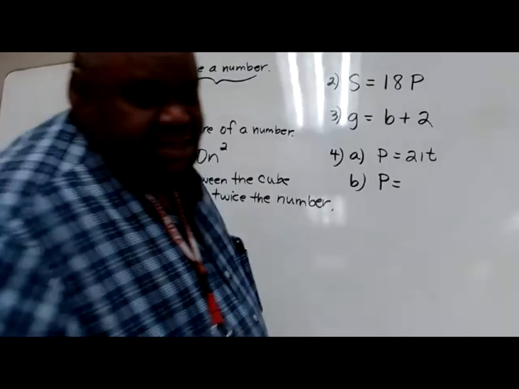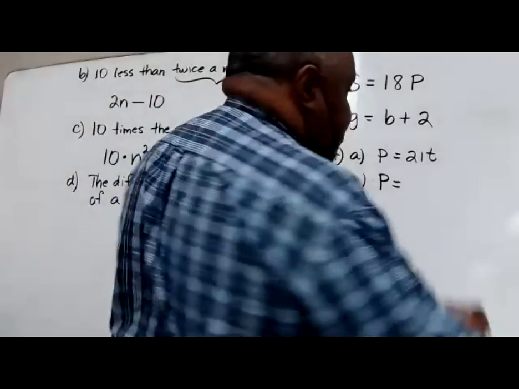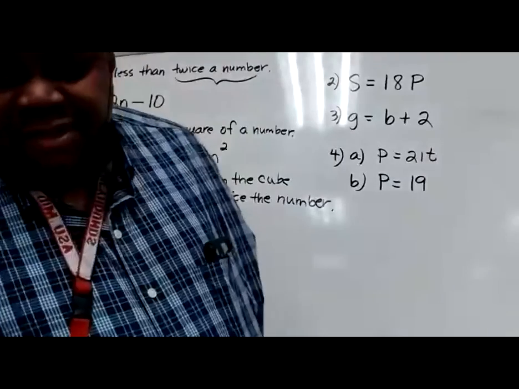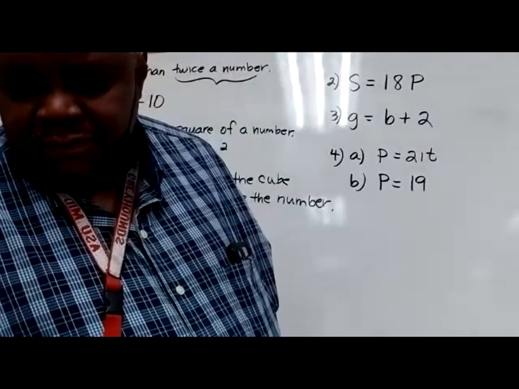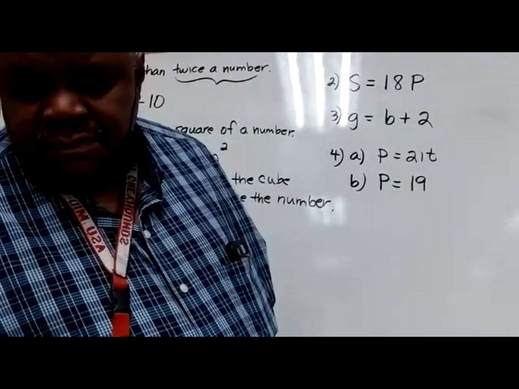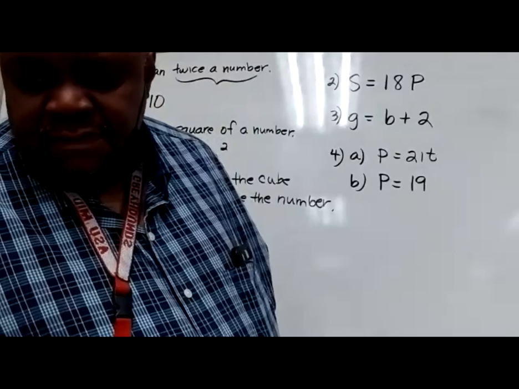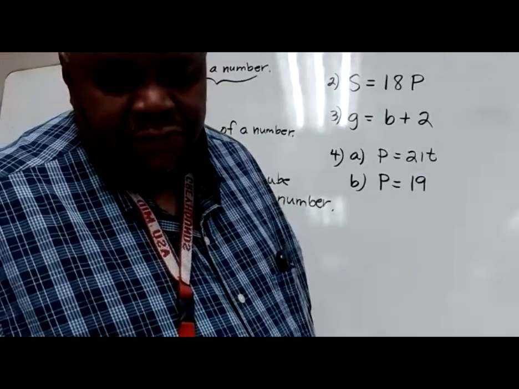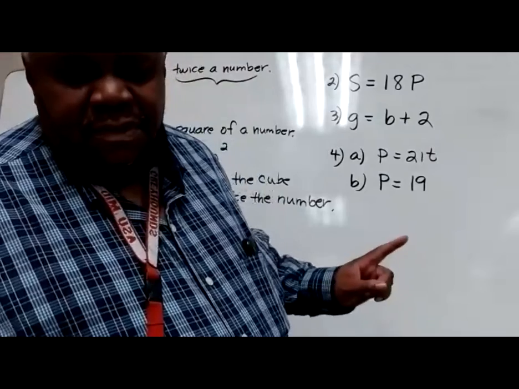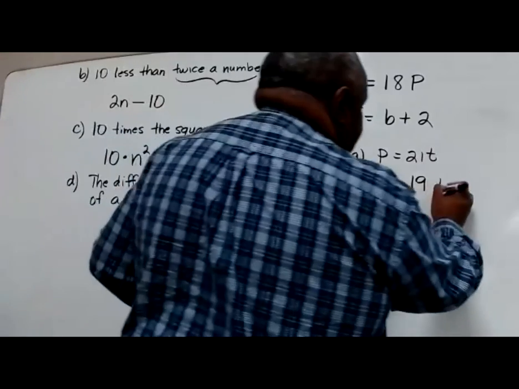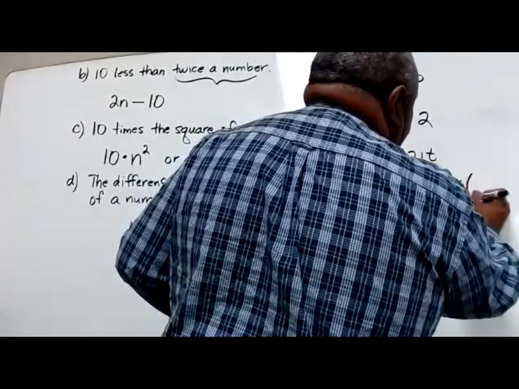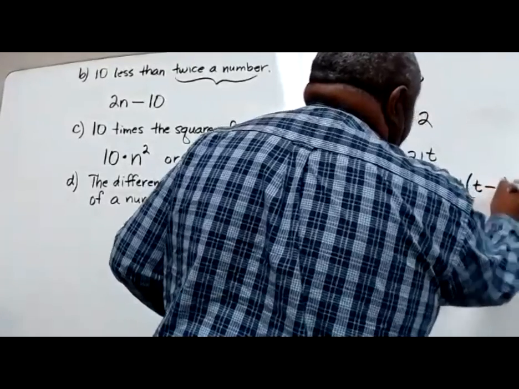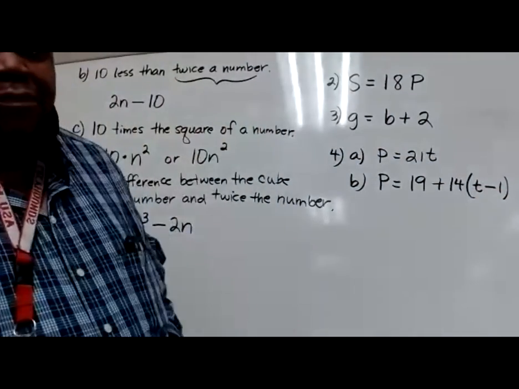Almost. Well, the 19 would be right, and that's only going to be for the first hour. It says for each additional hour. So that means it's got to be 14 times, and this will have to be T minus the first hour.